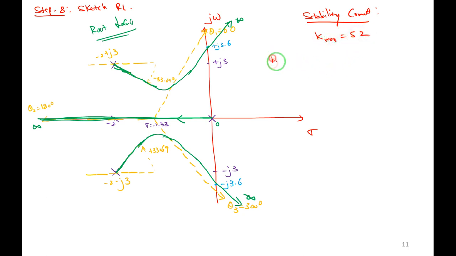First, for k lying between 0 and 52, the system is stable. Second case, for k equal to the marginal value, that is 52, the system is marginally stable.